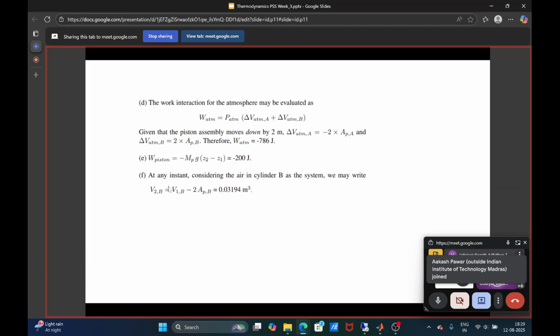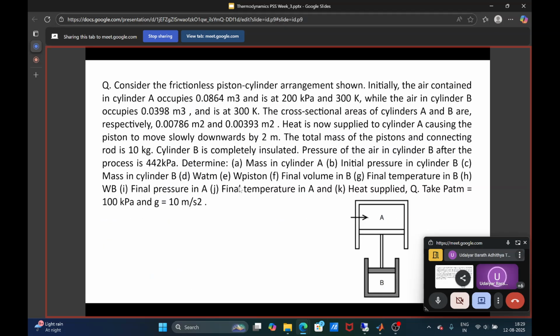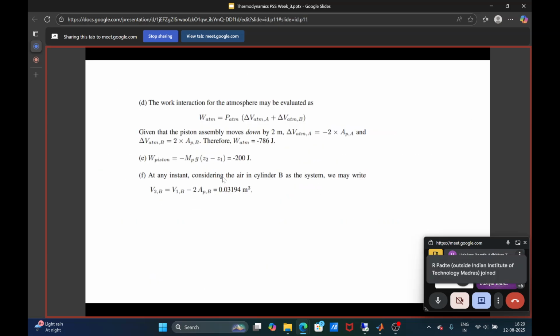Now we need to find, at any instant, consider part F, the final volume in B. The total of the two volumes will remain the same because they are connected by a constant piston.